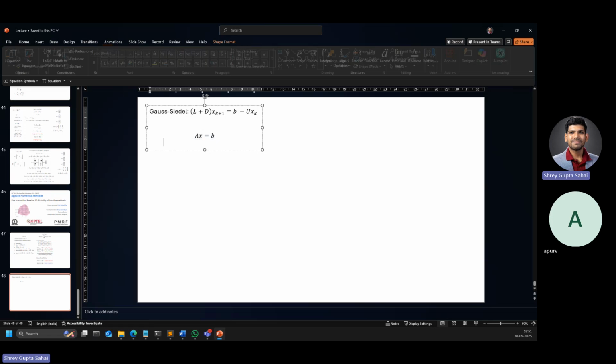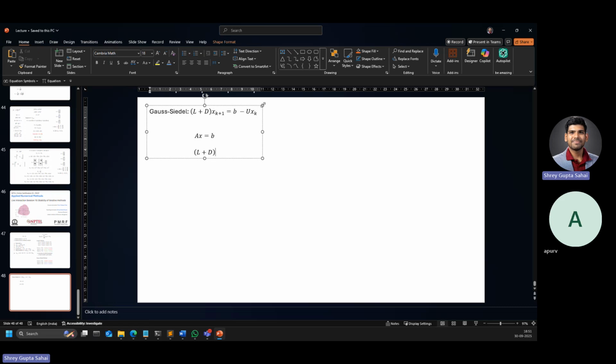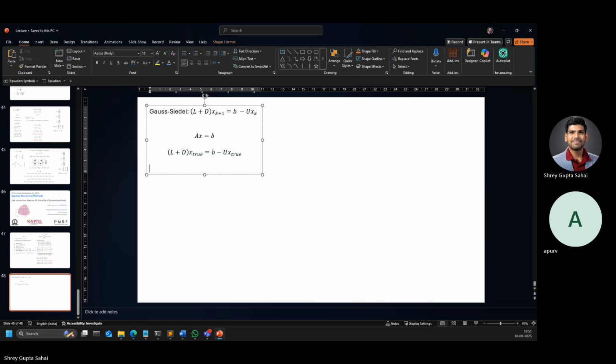The true solution will be Ax equals b, which implies that (L plus D) x true will be b minus U x true, right? That is what it is, which implies what? If you subtract this equation, did you understand why this will happen?